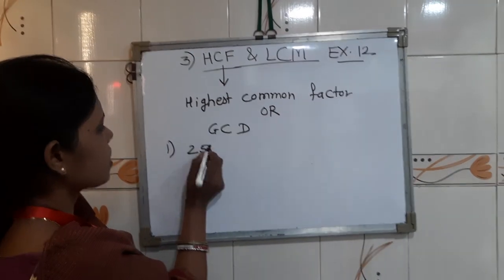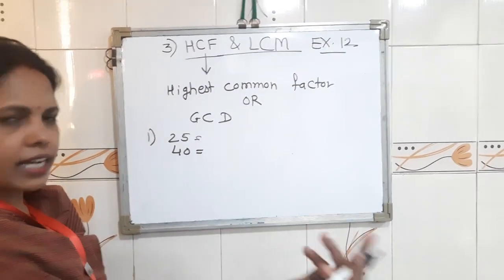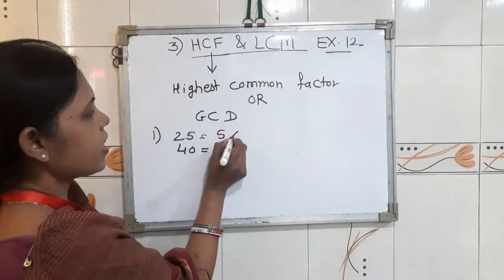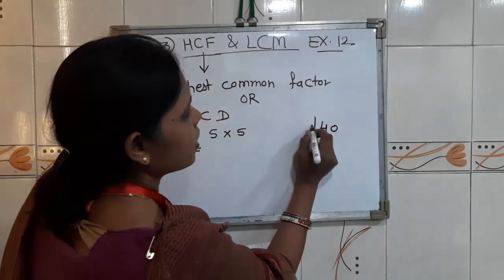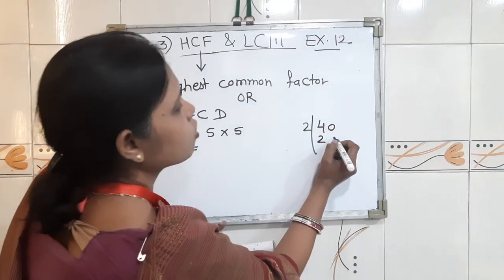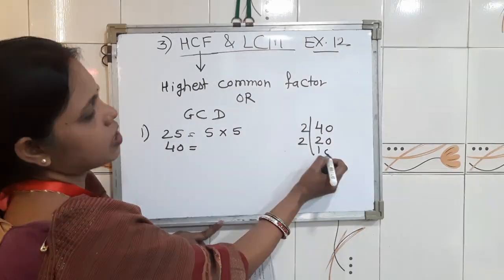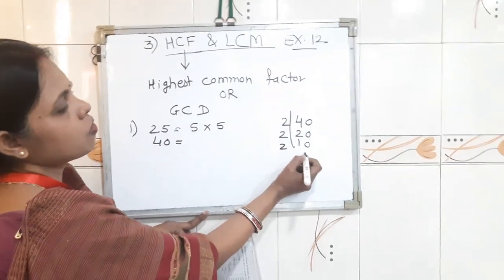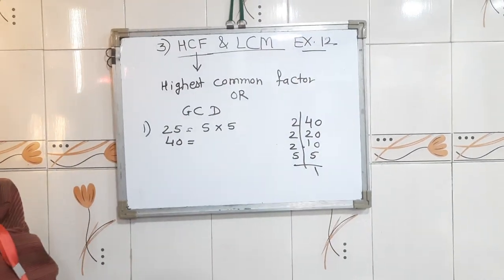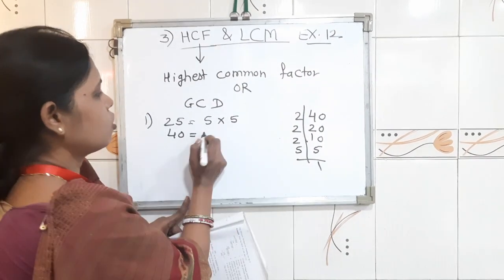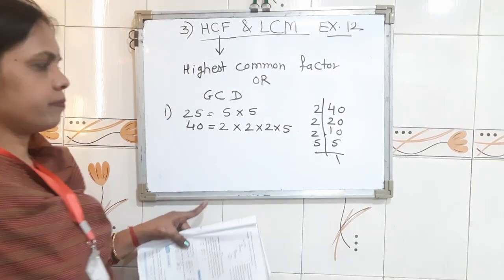25 and 40. For 25 we have the direct factors 5 into 5. For 40, 2 2s are 4, 2 1s are 2, 2 5s are 10. So children, for 40 we have the factors 2 into 2 into 2 into 5.